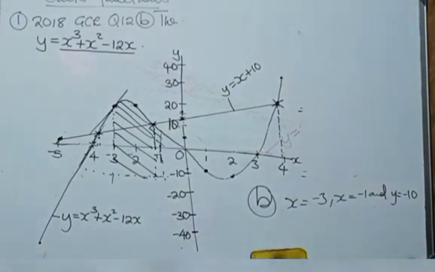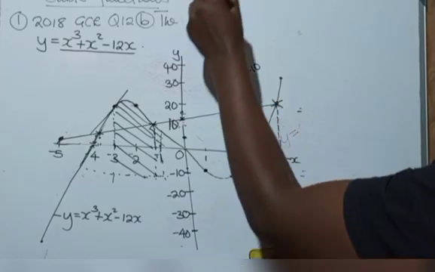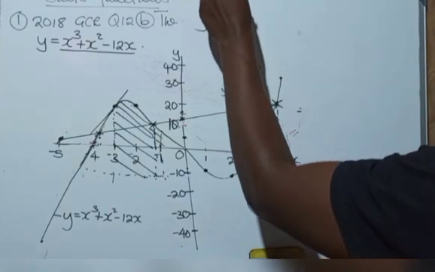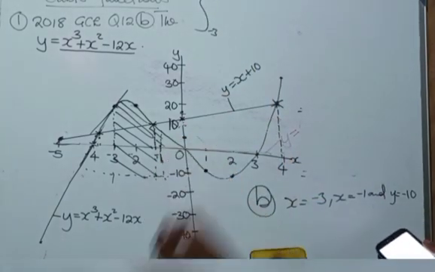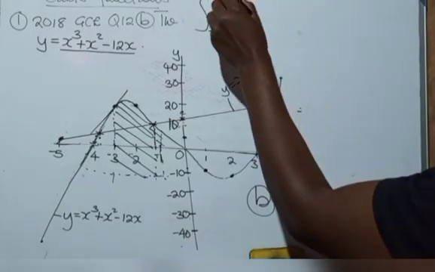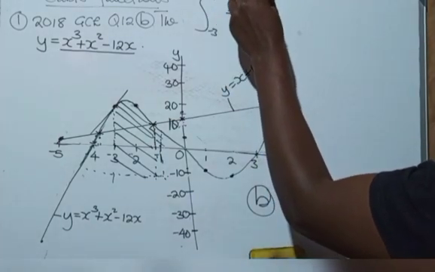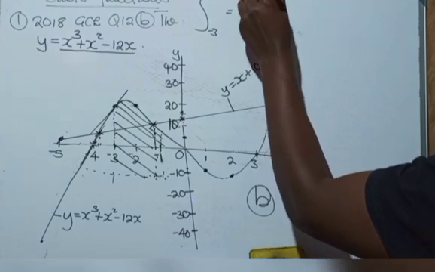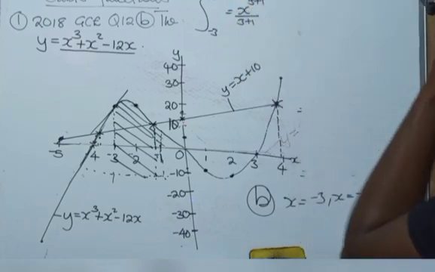Now, to find the area of this, we are going to integrate it. We are going to use the integral with -1 on top and -3 at the bottom. Let us integrate this equation. When integrating, we have x to the power 3 plus 1, and whatever we get there, we put as our denominator.